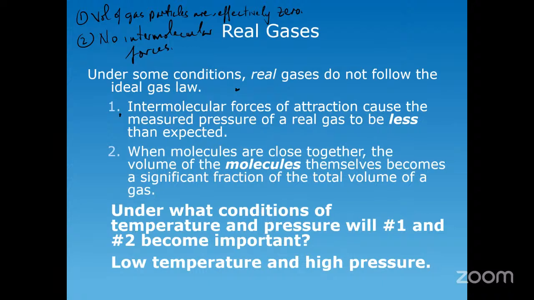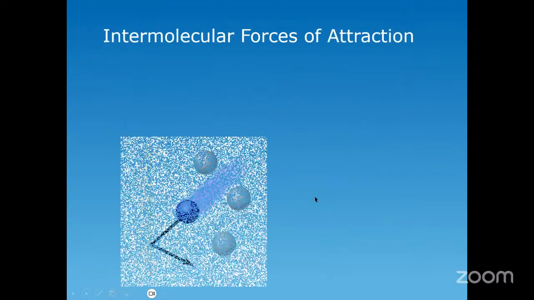So if you want the real gas to behave more like an ideal gas, then you either increase the temperature or decrease the pressure, or you can do both. So under conditions of high temperature and low pressure, real gases will behave more like ideal gases, all right?